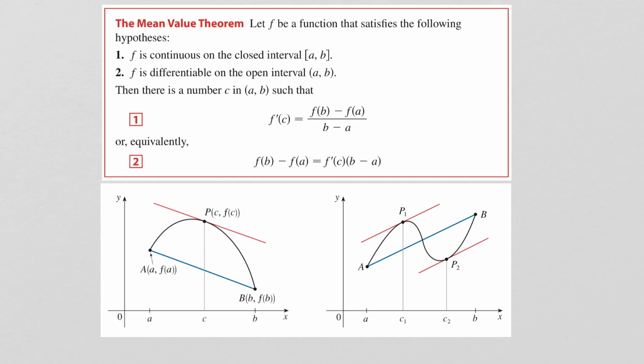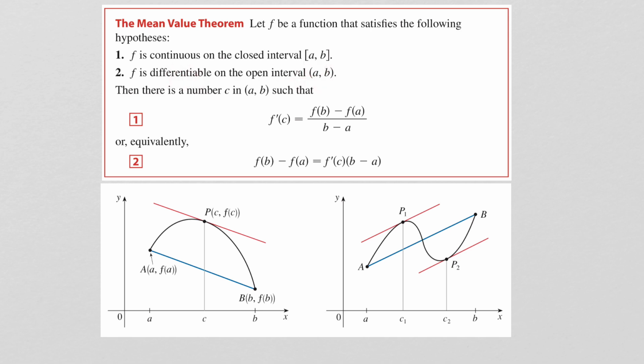Rolle's theorem is actually a special case of a theorem called the mean value theorem. The mean value theorem states, let f be a function that satisfies the following hypotheses. f is continuous on the closed interval. f is differentiable on the open interval.